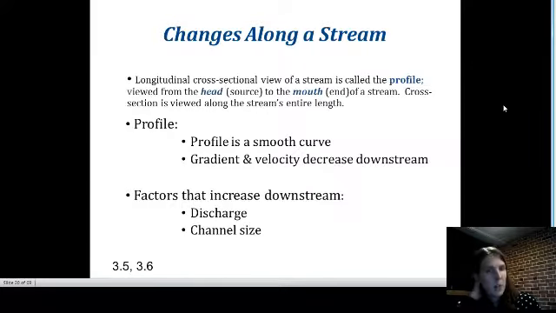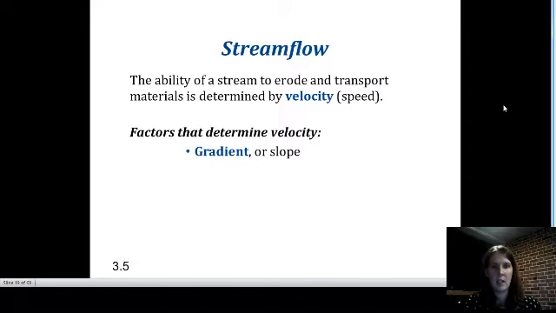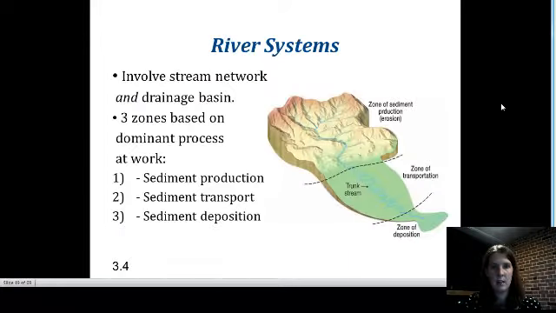Okay. When we talk about streams, you'll hear the phrase stream profile a lot. This is the cross-sectional view of a stream, viewed from the source or the head of a stream to the mouth or the end of the stream, like that picture we looked at here. So this would be a laminar view, or I'm sorry, a longitudinal view, where we're looking at the head of the stream all the way down to the end of the stream.